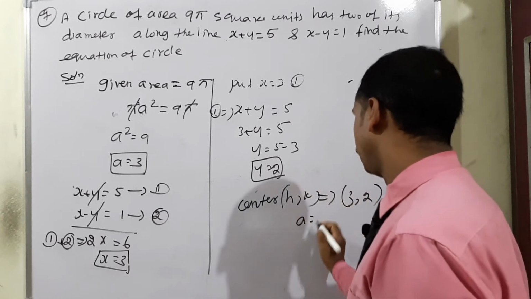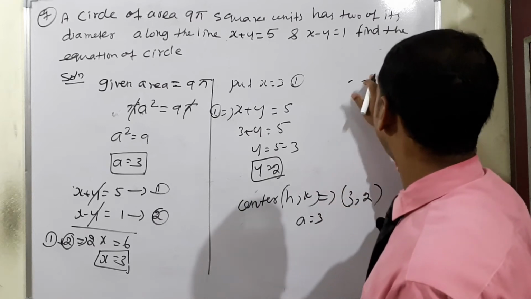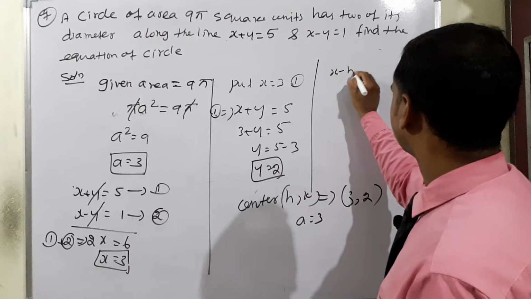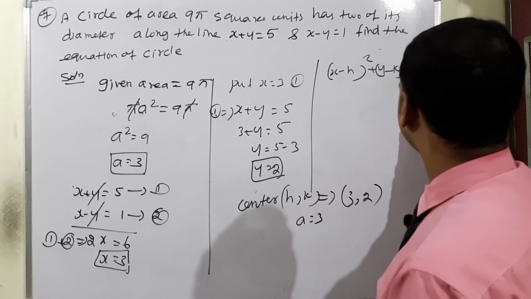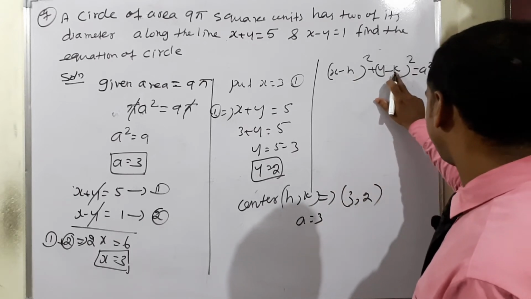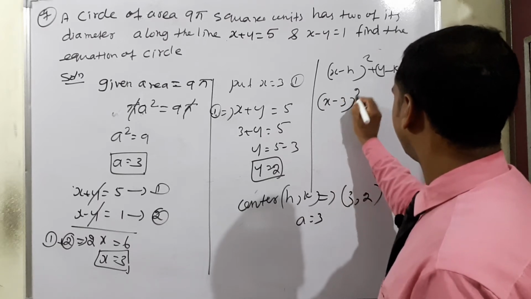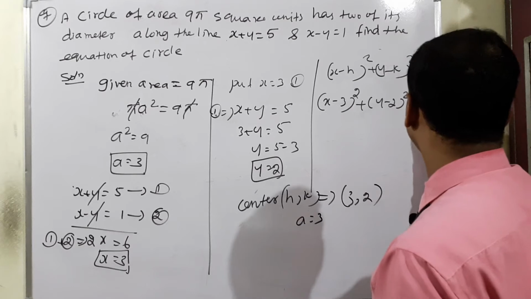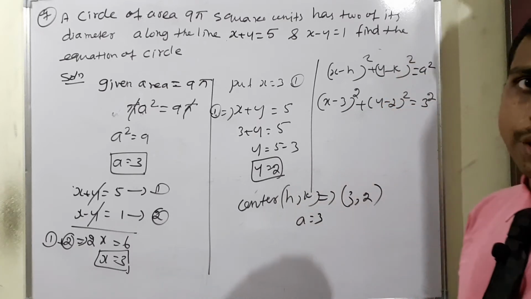So, a is equal to 3, isn't it? So, we have to apply the equation of circle formula, x minus h the whole square plus y minus k the whole square is equal to a square. Instead of h we take 3, instead of k we take 2. So, x minus 3 the whole square plus y minus 2 the whole square is equal to 3 square. (a minus b) the whole square form is a square minus 2ab plus b square.